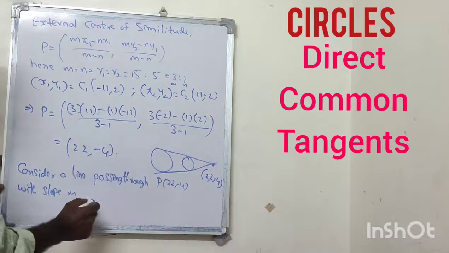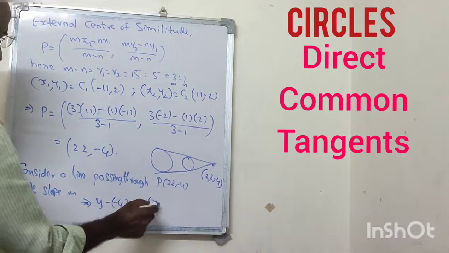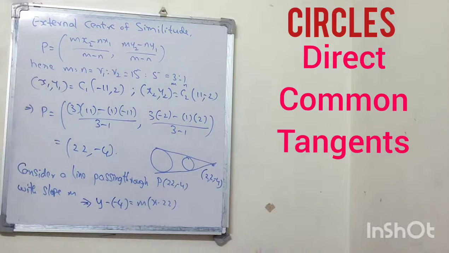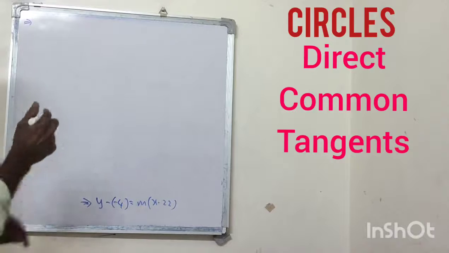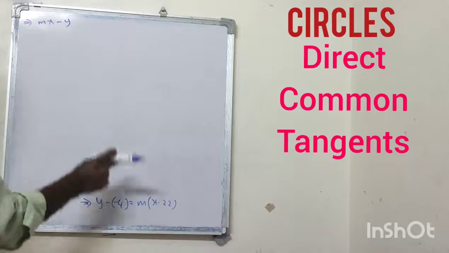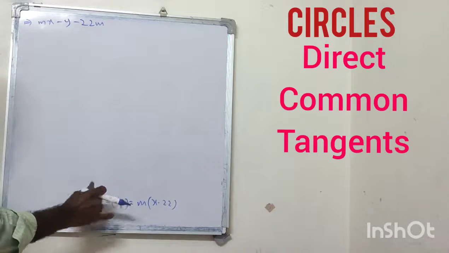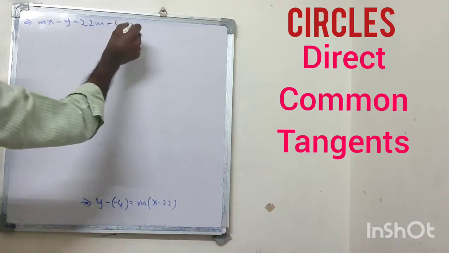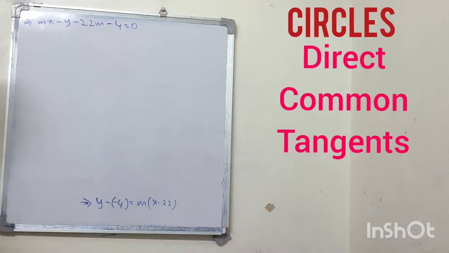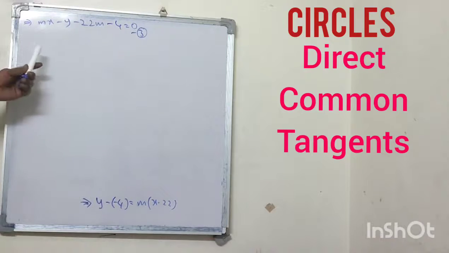Y minus y1 equal to m into x minus x1. Now this implies mx minus y minus 22m, here minus into minus plus 4, bringing right side becomes minus 4, equal to 0. Take this equation as number 3. Now let us consider this is one of the equations of direct common tangents.